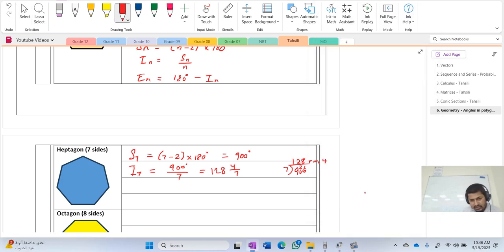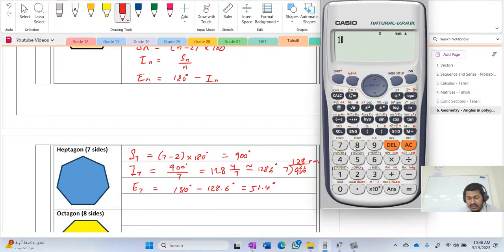Now the exterior angle is equal to 180 minus the interior angle, which is 128.6 degrees. So 180 minus 128.6 should give us 51.4.